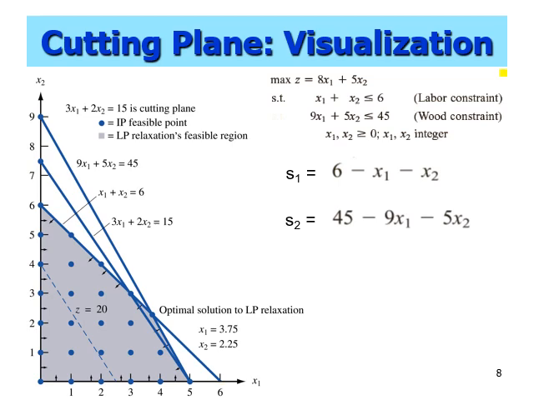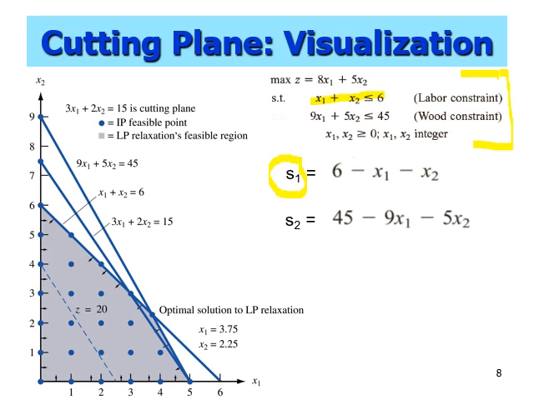This is the original formulation, and whenever we do the simplex algorithm, we always convert the constraints into standard form. So for the first constraint you add S1, slack 1, and you may define S1 as 6 minus X1 minus X2.